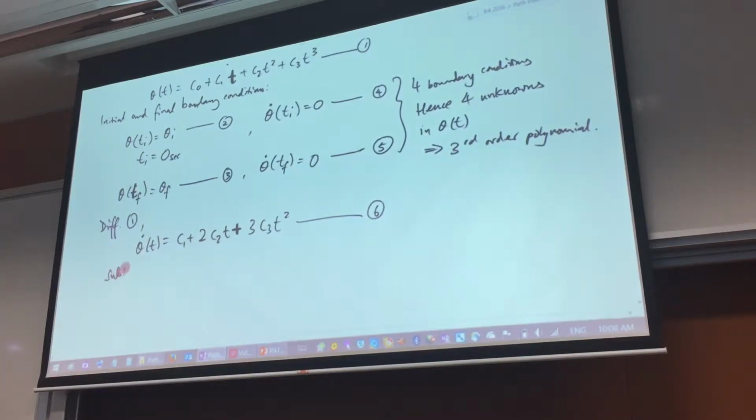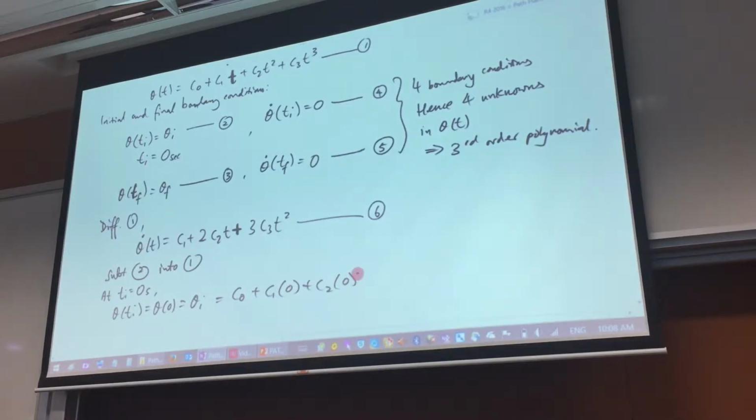Okay, let's substitute equation 2 over here into 1. So at time t_i, that's equal to 0 seconds, my theta t_i, as we have seen before, is equal to theta at time equal to 0, and we give it this angle theta i equal to c naught plus c1 at time 0 plus c2 at time 0 squared plus c3 at time 0 cubed.